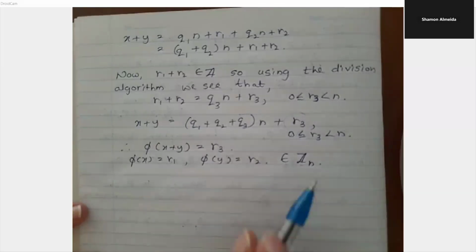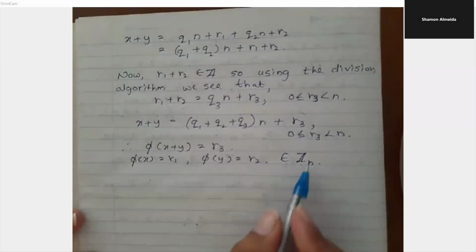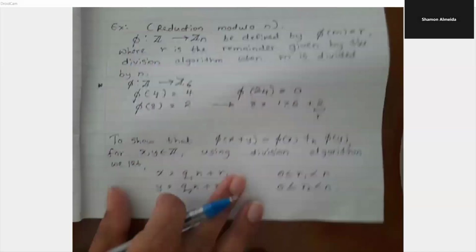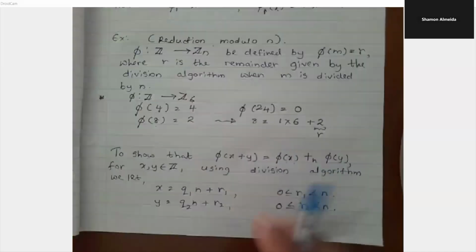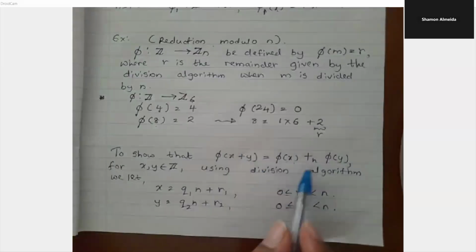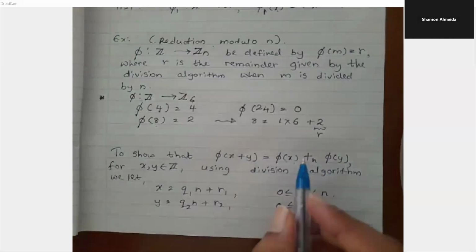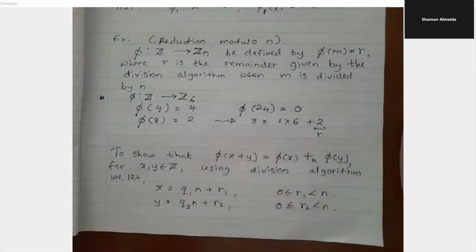R1, R2 are positive integers between 0 and n, never equal to n, so we can easily see that these two elements are in Zn. In order to prove that phi of x plus y is equal to phi of x addition modulo n phi of y, we want to show that R1 addition modulo n R2 is actually equal to R3.